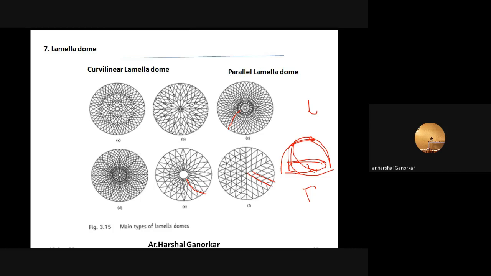The parallel lamella system has straight lines with parallel lines attaching to it. Again, these are the parallel lines and the curvilinear lamella. This is the example of curvilinear lamella. You have to draw all these figures.